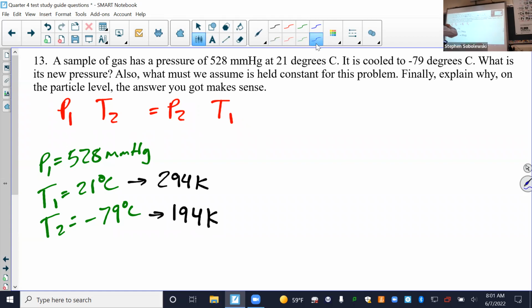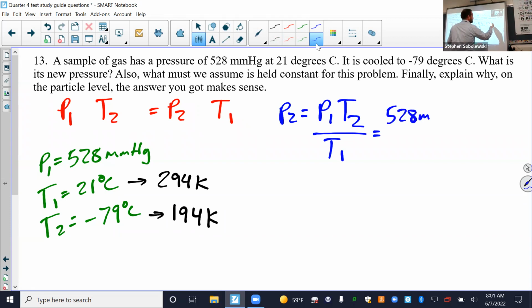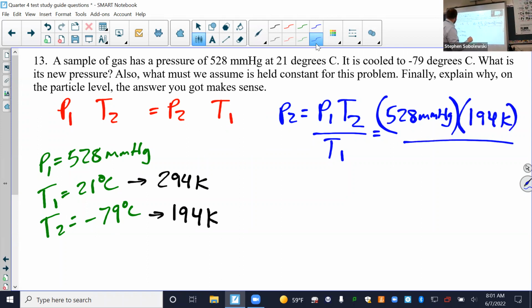We're solving for the new pressure. That's going to be P2. So P2, we got to get T1 out of there. P1, T2 over T1. And using our numbers, P1 is 528 mmHg. T2, 194 Kelvin. Divided by T1, 294 Kelvin.